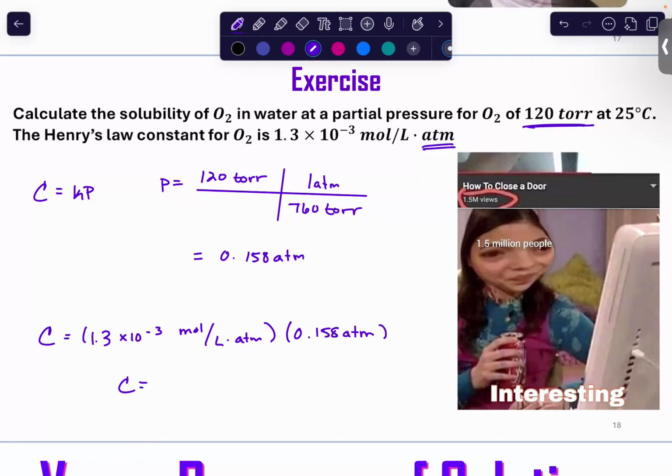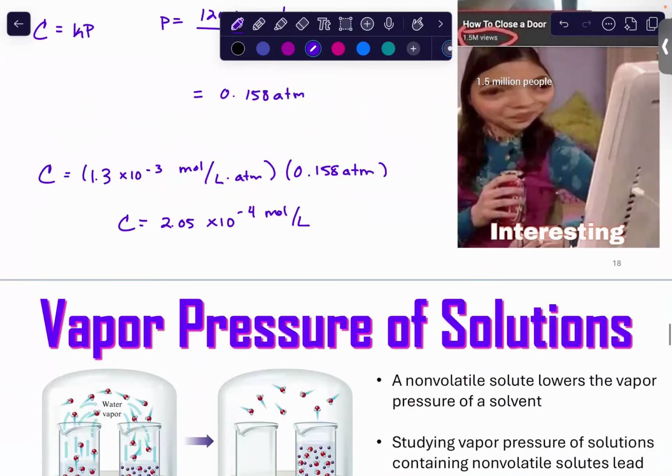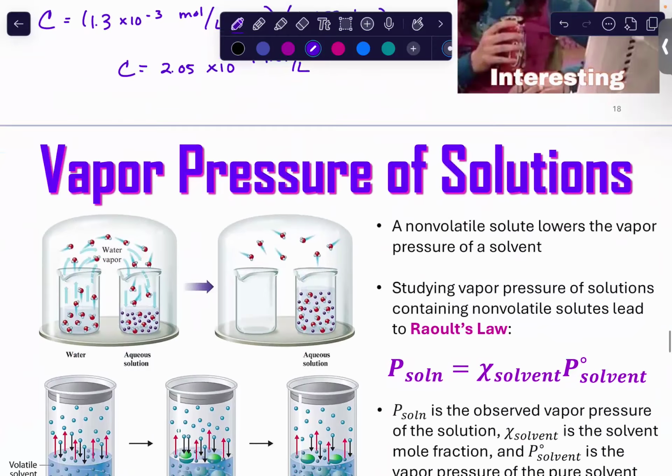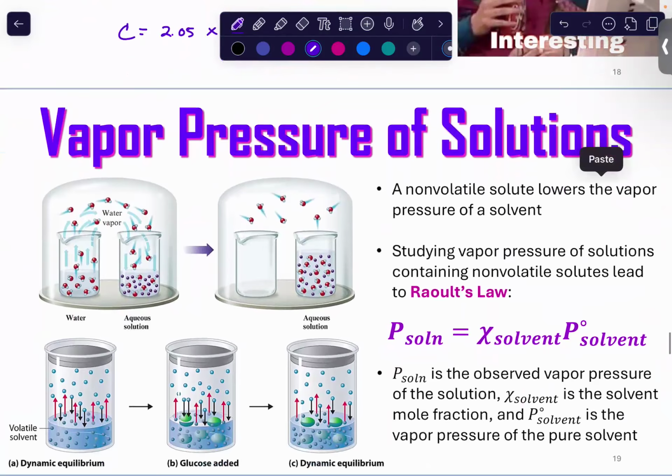The concentration or the solubility will be 2.05 times 10 to the negative fourth moles per liter. Okay, so got lucky. We'll start with vapor pressure next time. Raoult's law, French name.